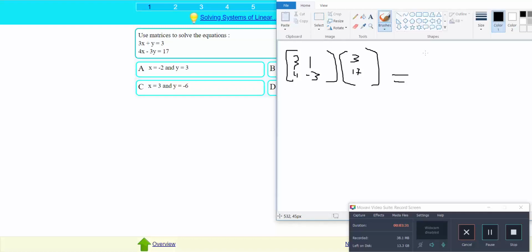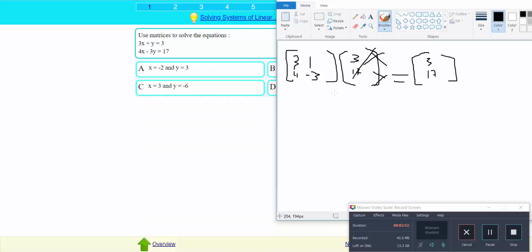So if we are to do this, we can. Sorry, this is an x and y. So we've got this and this. So we just have 3 and 17 to the other side, and then this would be the x and y.